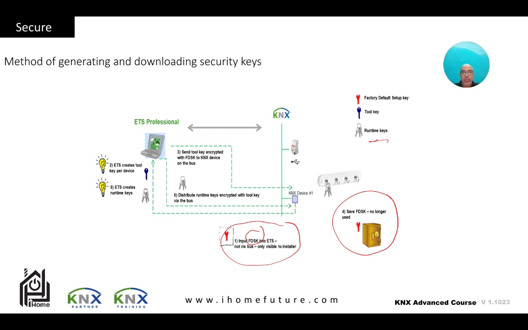What is sent on the telegram is the tool key or runtime key. These are the ones being used in the communication itself. However, they were generated using the key. So this key is the origin of everything. This is why I have to make sure it is secured.